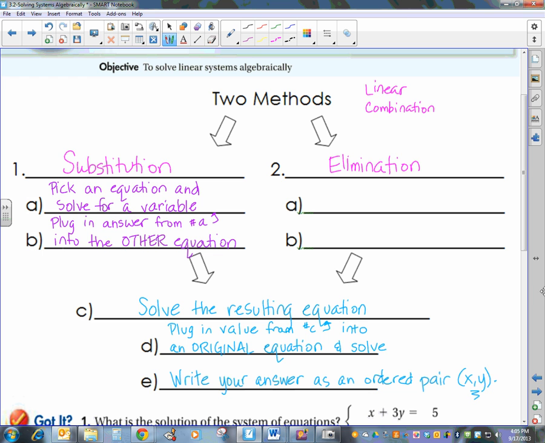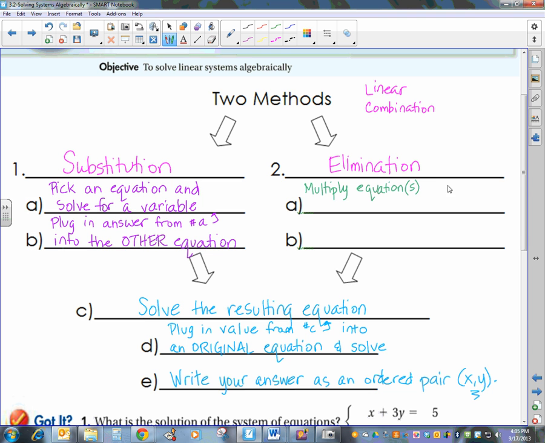Now let's briefly go over elimination. I'm going to talk about the steps, and then we're going to show the different methods as we go through. If we have elimination, and I have two equations, then this time, this is the method where we multiply an equation. Sometimes we have to do two.